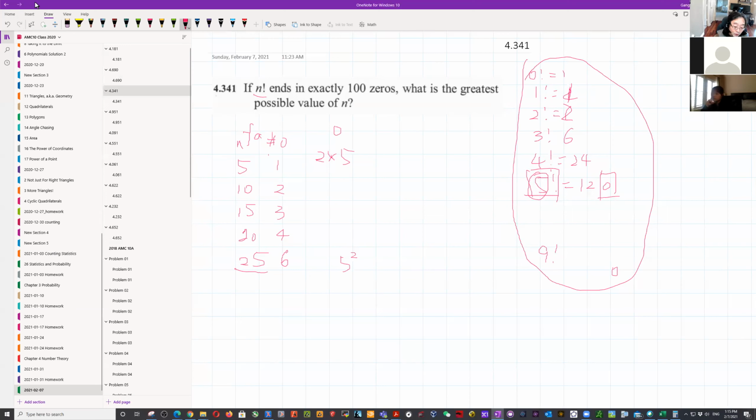So basically, I begin to see the pattern that if I reach 50, I'm going to have 12 zeros.